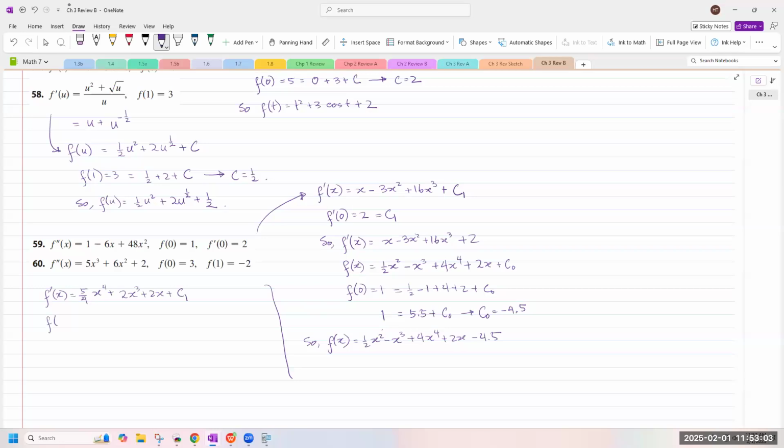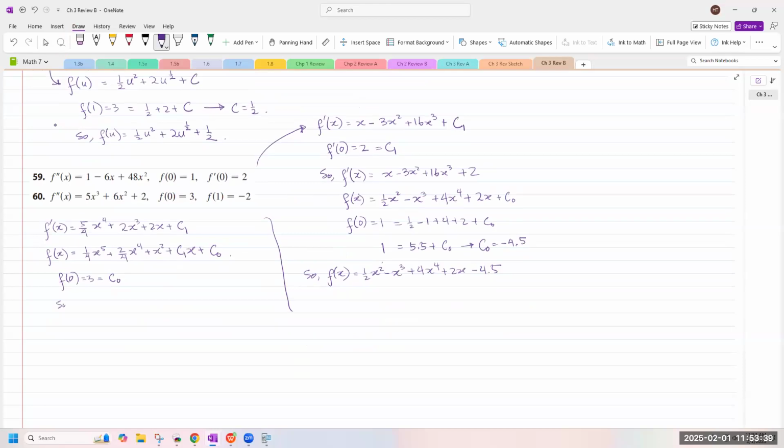So f(x), therefore, equals 1/4 x to the 5th plus 2/4 x to the 4th plus x squared plus c1 x plus c0. Dang. Okay, f(0) equals 3, but that equals the constant, right? So c0 is 3.